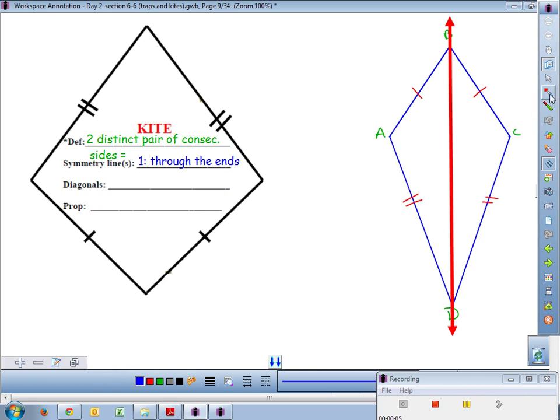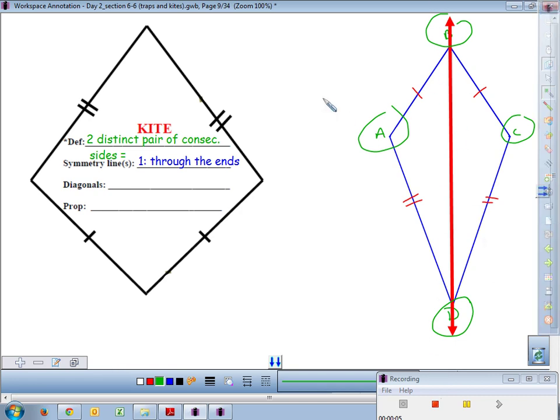The symmetry line of a kite goes through what's called the ends. Out of points A, B, C, and D, you can see B and D are the ends of the kite. And that means that A and C are what you call the non-ends. So there's one symmetry line for a kite. That's important information right there.